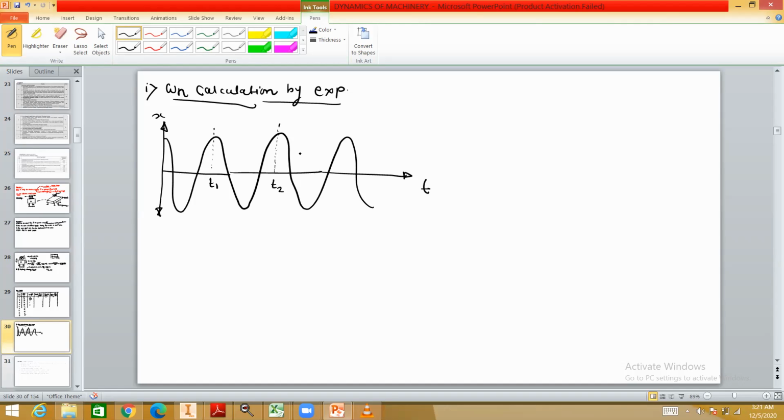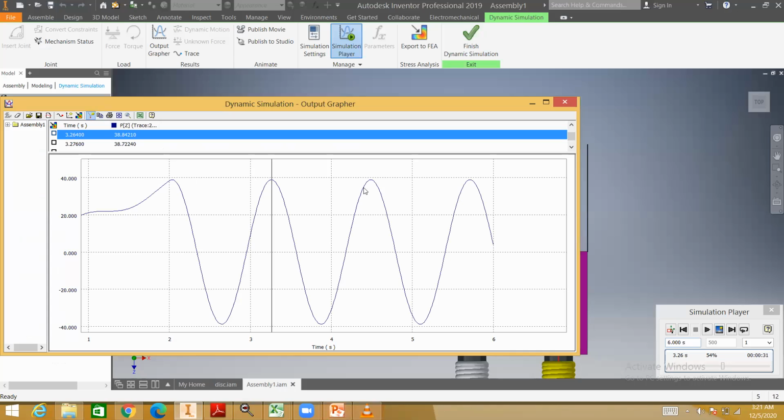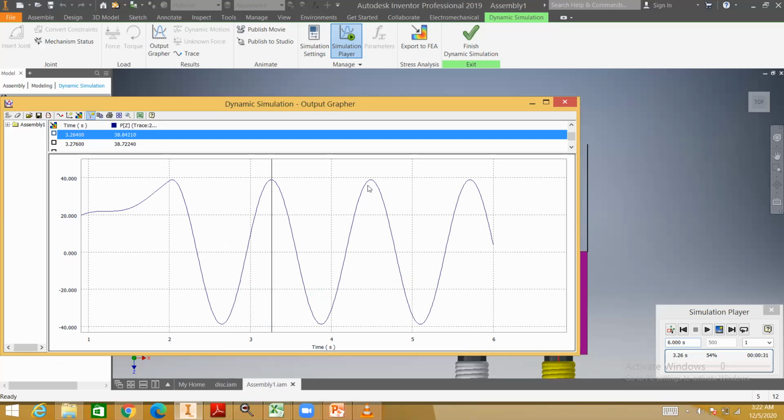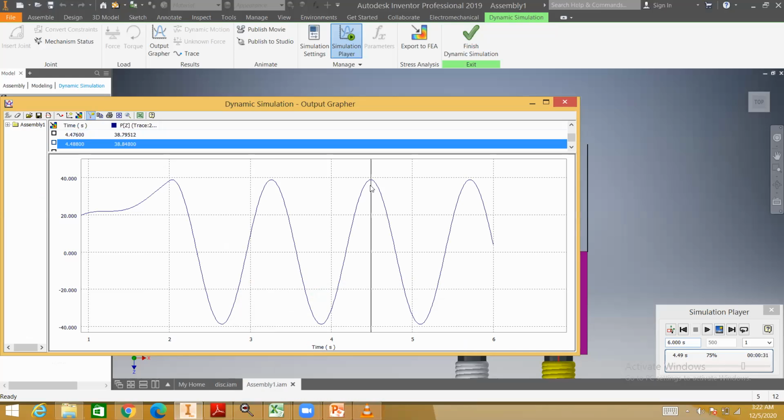So you draw this waveform, mention here omega n calculation by using experiment, and the t1 value is equal to 3.26, and the t2 value is 4.48, or we can take 4.49.